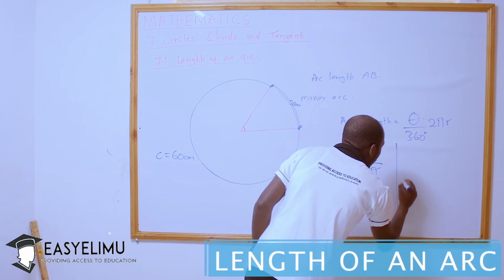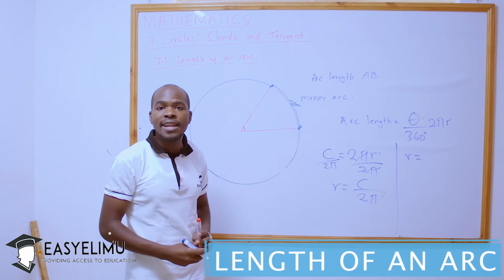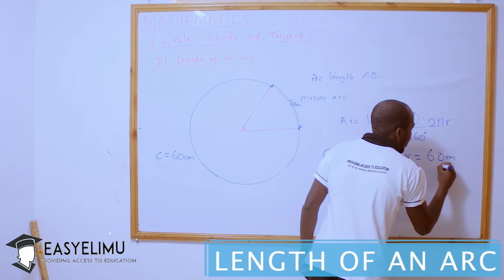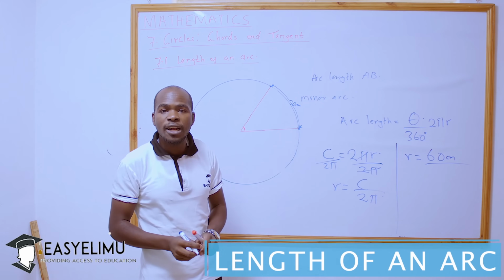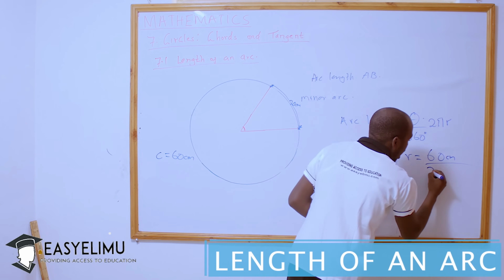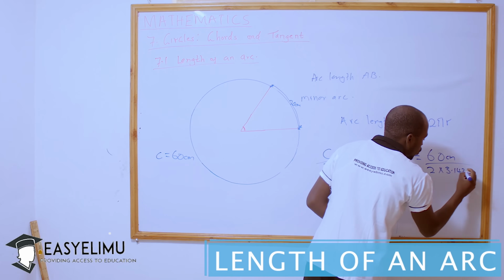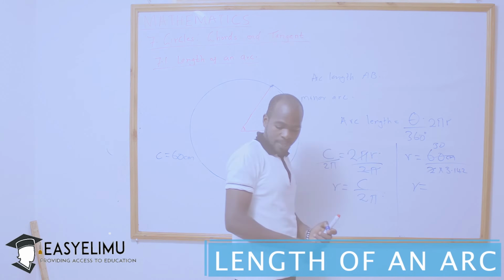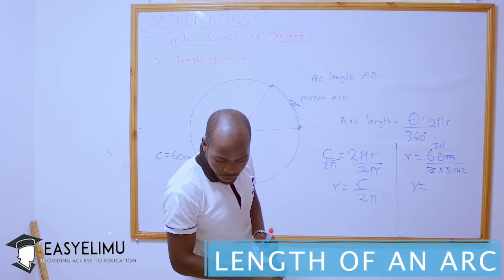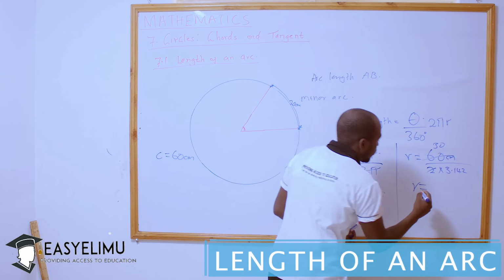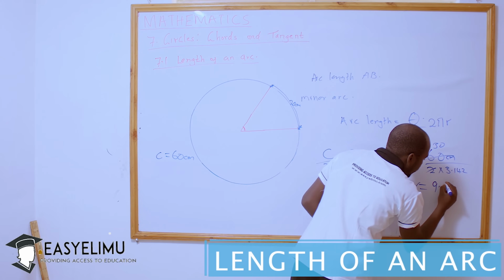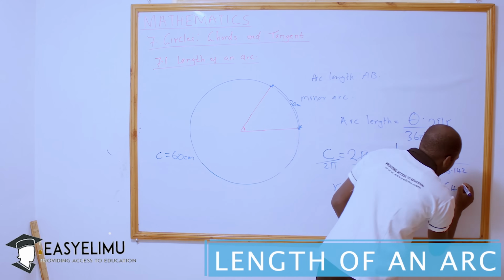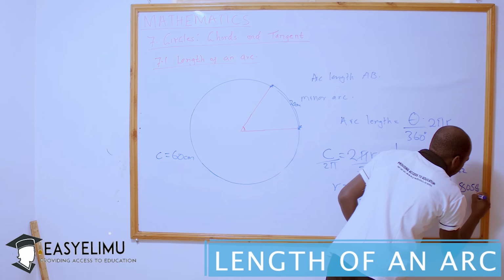So we shall say to find r, where r is the radius of that circle, r is equal to the circumference, which is 60 centimeters, over 2 multiplied by pi. Here I will use pi as 3.142. If you calculate, you are going to have r as 9.54805.